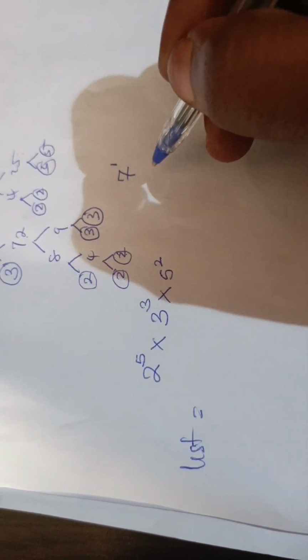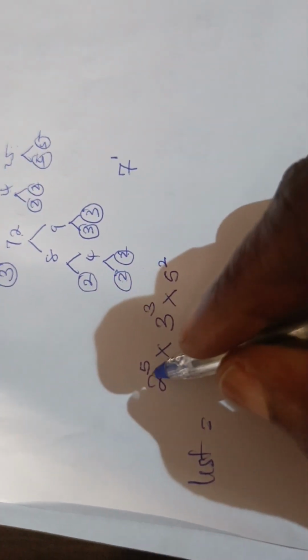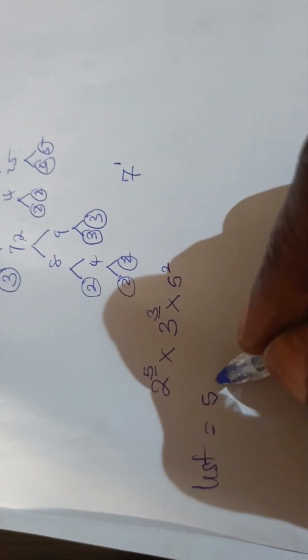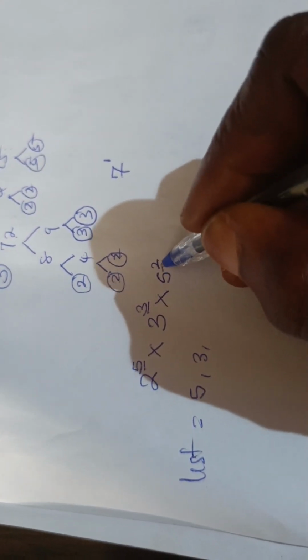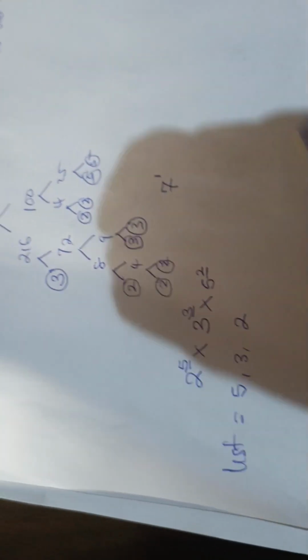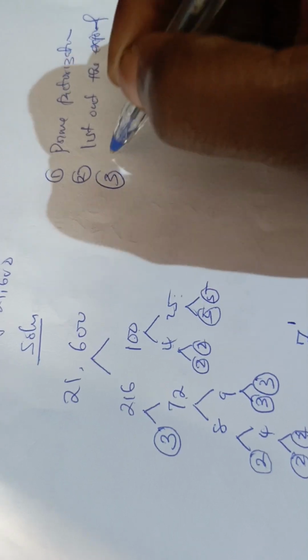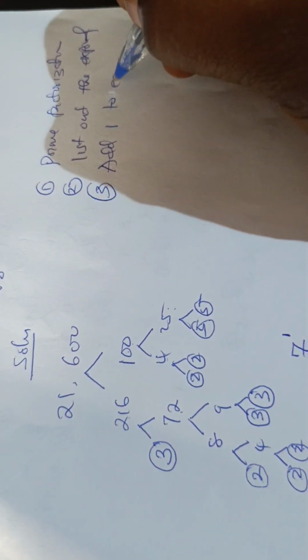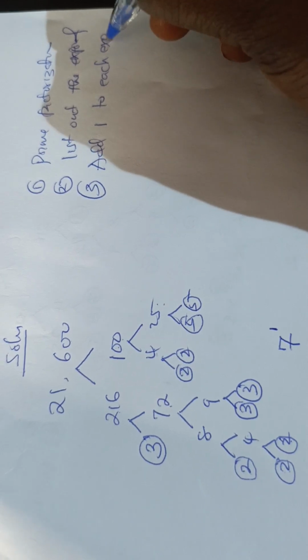So in case you come across something like that, take note. For this case, the exponent of 2 is 5, the exponent of 3 is 3, and the exponent of 5 is 2.